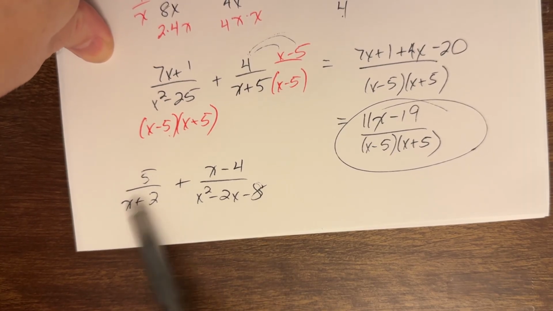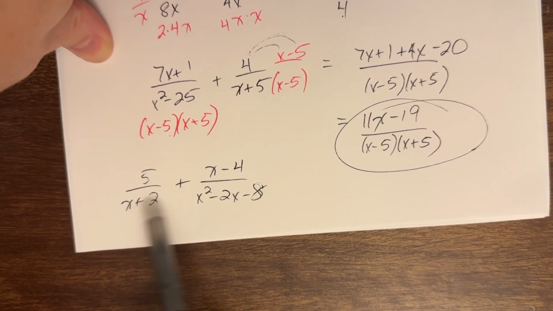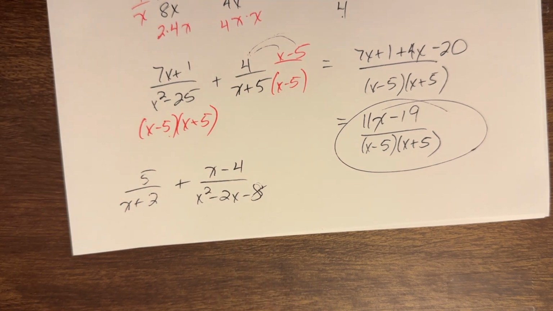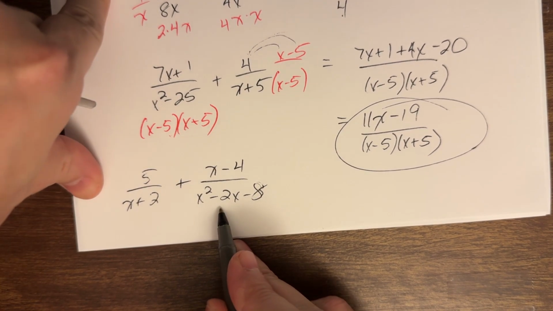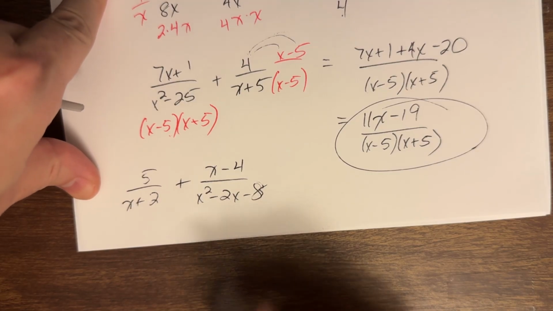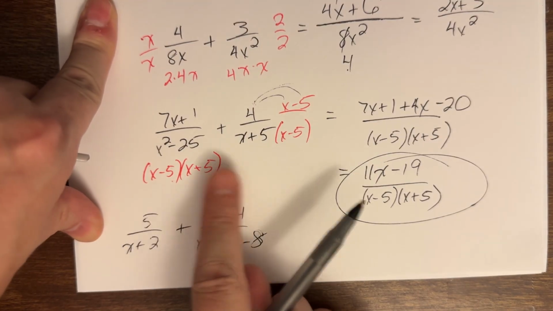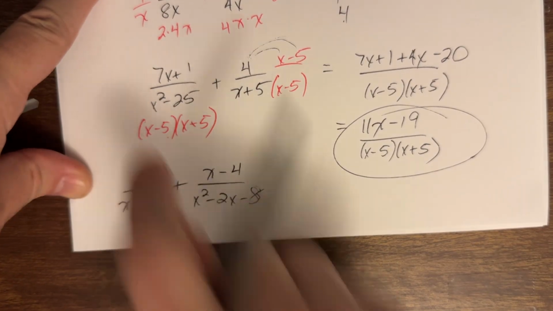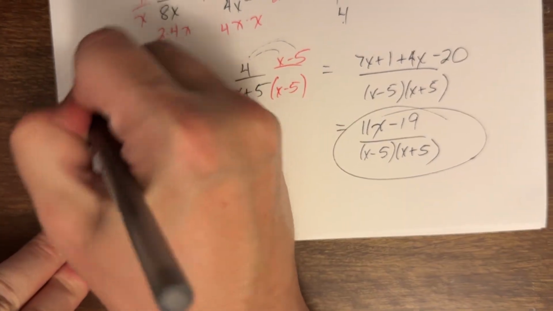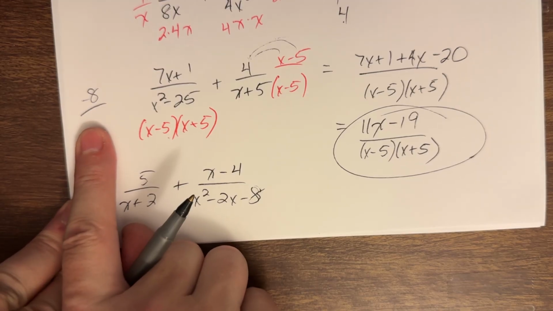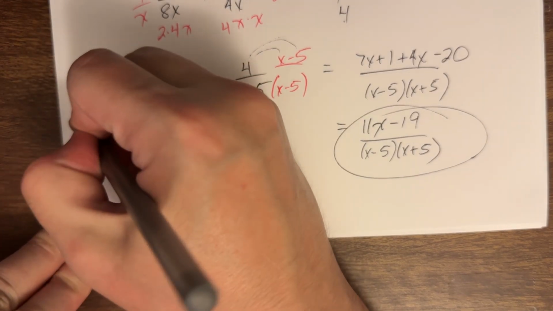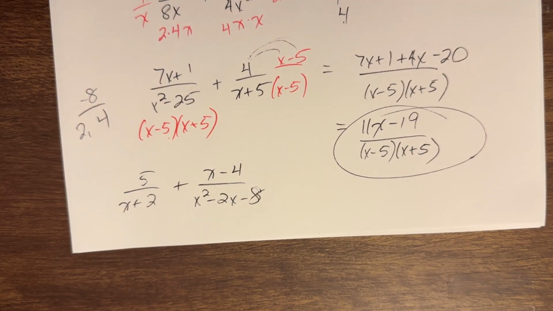Again, I see some denominators. This one is clean. This one is not. Let's get to this one. Let's break this apart. I see a grouping number. Again, maybe up here that was quick. So just a simple a minus b, a plus b. Over here, maybe do a little work off on the side. I've got a minus 8 as my grouping number. What multiplies to 8 and subtracts to 2? Well, that would be 4 and 2.